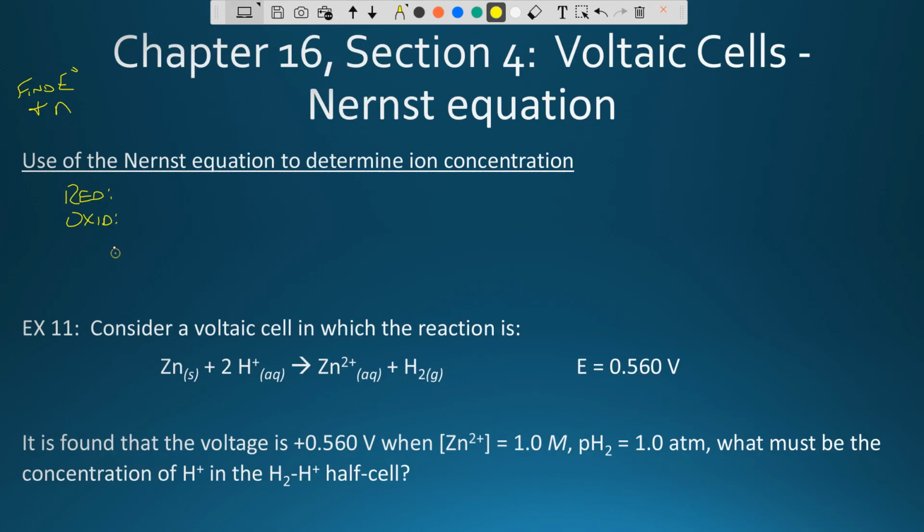Okay, so when we do this, we see that being reduced, we have my two hydrogen ions, and I have two electrons that are involved in that, and I want to find my hydrogen gas. And remember, that would be an oxidation of 0. All right, so then we get to my zinc. That is a solid as well, so it's going from a 0 to a +2. So that would involve 2 electrons as well.